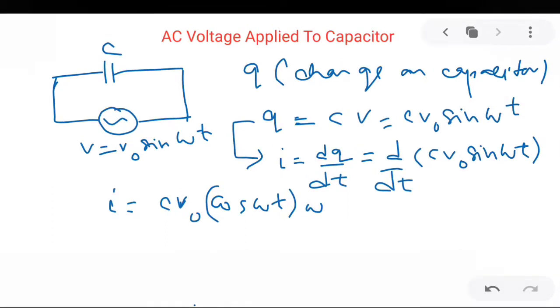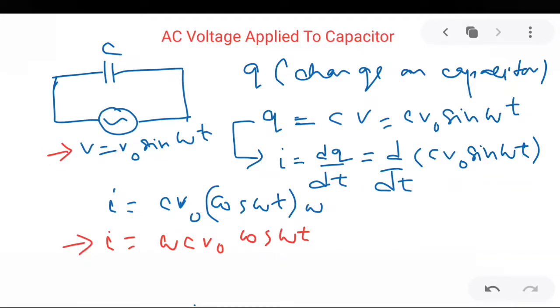Okay. So this becomes I is equal to ω C V₀ cos ωt. Okay. So we have the equation for current and we have the equation for voltage.